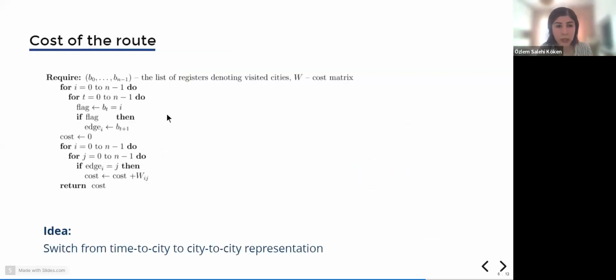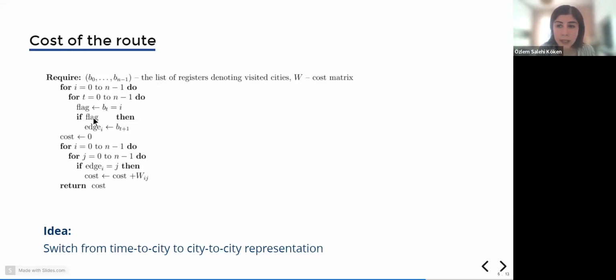How do we employ this here? What we do is the following. First of all, we have here a flag variable. We check for all time points, so we go through all possible cities, we go through all possible time points. And if at time t city I is visited, this flag is set to 1.